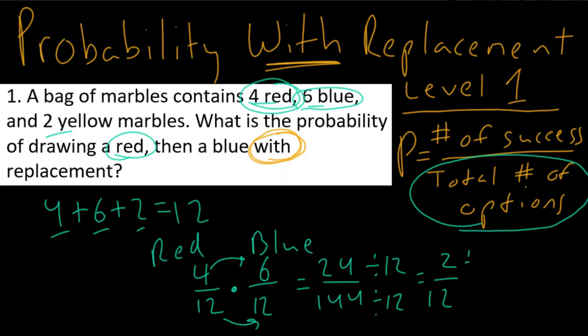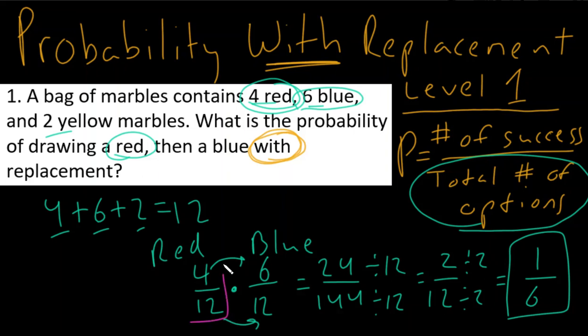Wait a second, I can divide both of those by 2 and reduce one step further: 2 divided by 2 is 1, and 12 divided by 2 is 6. So the probability of drawing a red and then a blue marble with replacement is 1 out of 6.